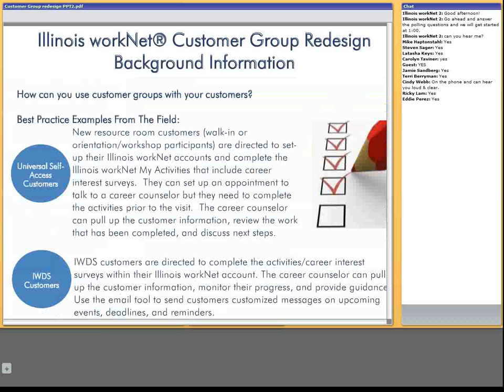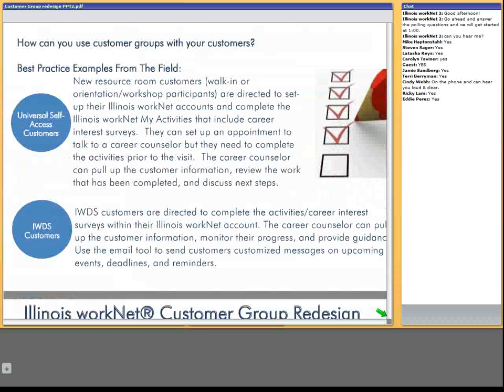Now, the same thing with the IWDS customers. What I'm specifically thinking about here is the Summer Youth Employment Program, but it can be used with the others, especially as we move forward and take a look at some of our next steps. You'll be able to see that we'll have different activities available, and during these activities, they can use these as different steps to help have the customer complete the information that's required.